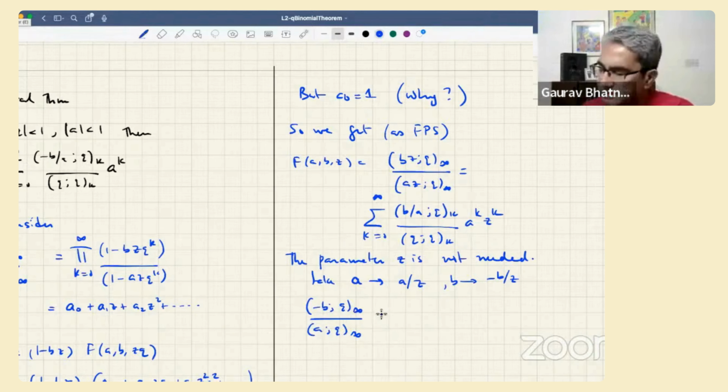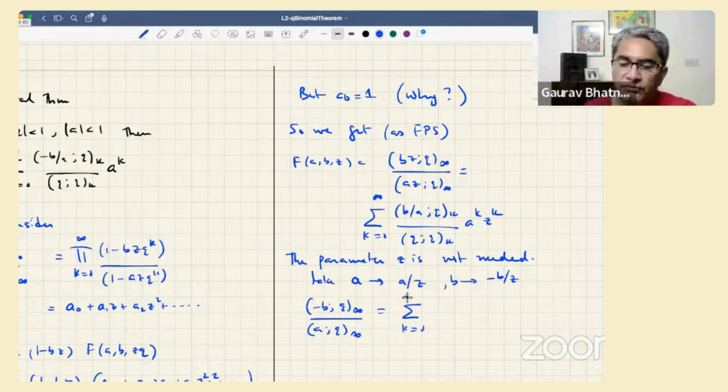For some reason, Ramanujan had a minus b here: the sum k going from 0 to infinity of (minus b/a; q)_k over (q; q)_k, a raised to k.